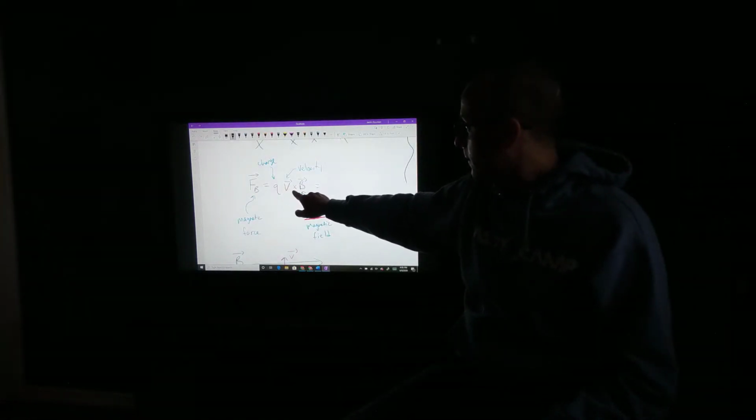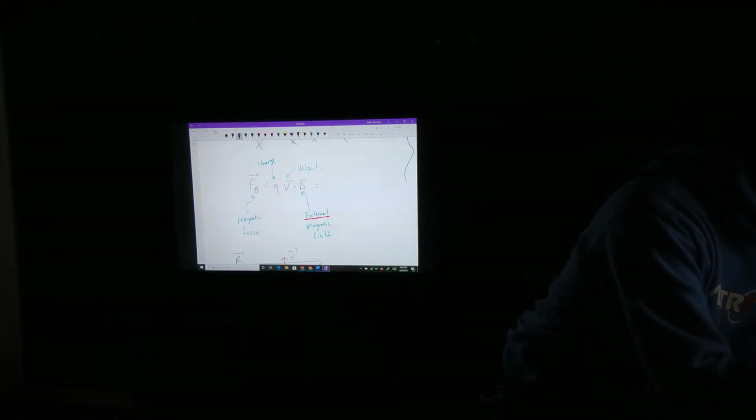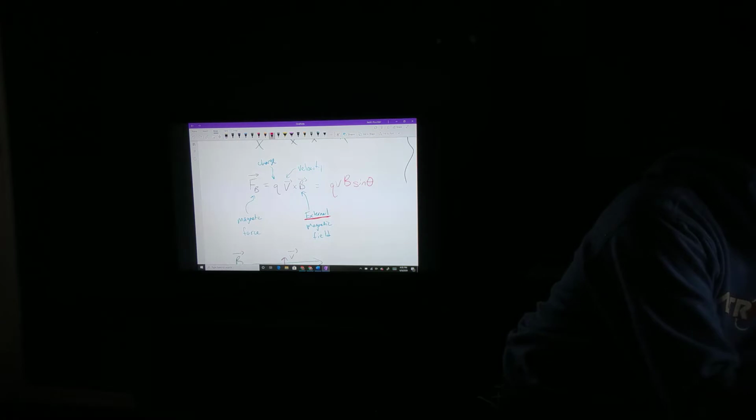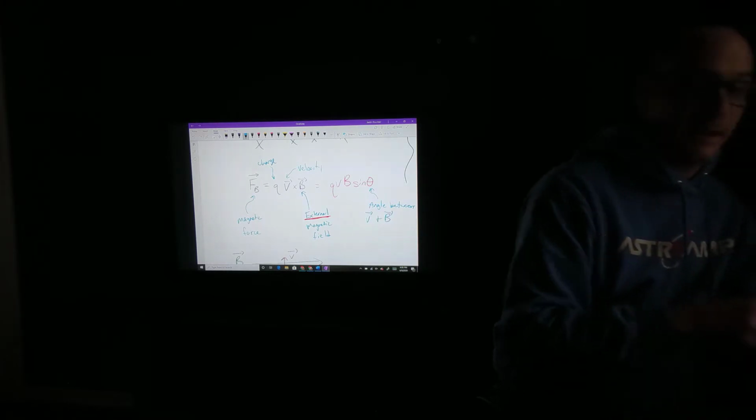So the velocity cross B, once again, is just Q, V, B, the magnitudes, times sine of theta, where theta is the angle between the velocity vector and the magnetic field vector.